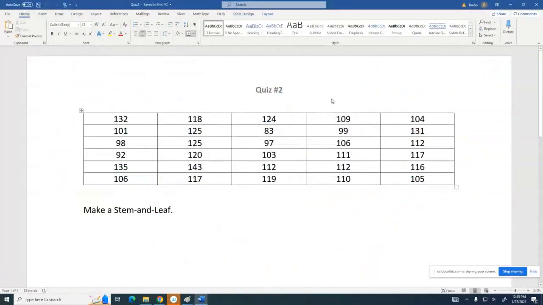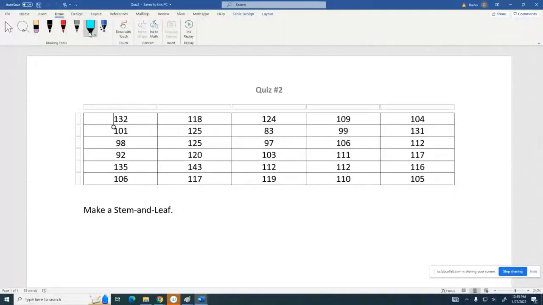Yes, please make the stem and leaf. I can tell you the maximum. The maximum is 143, and the minimum is 83.